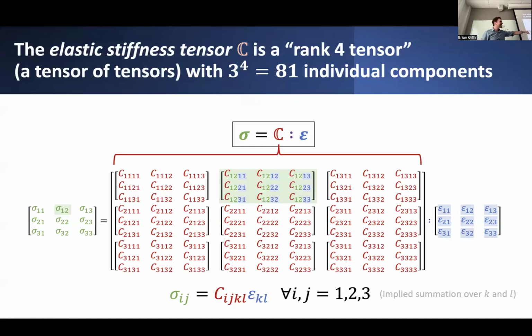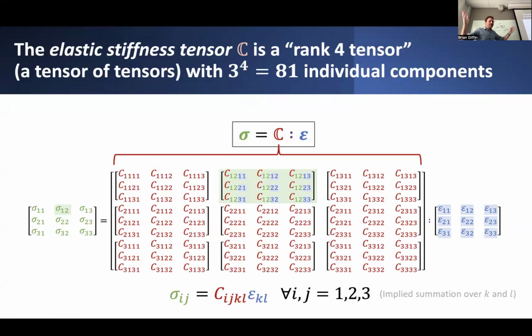So if you think about it, it's like a 3 by 3 array, and each of the sub entries in this 3 by 3 array is itself a 3 by 3 array. So you could also think of it as a 4-dimensional array, if you like, which has subscript indices ranging over each one of those 4 dimensions, i, j, k, and l.